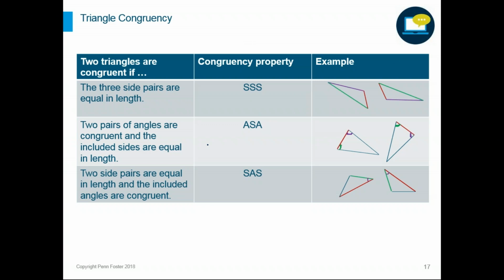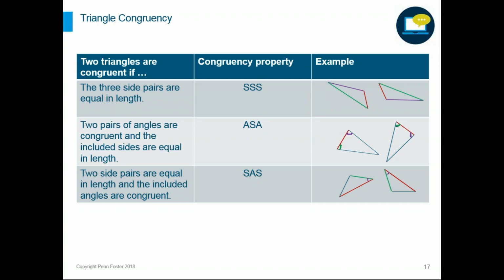The second way, if it's true, that would make the two triangles congruent would be if I have two pairs of corresponding angles. So this purple angle in this triangle and the corresponding one on the other triangle have the same measure.